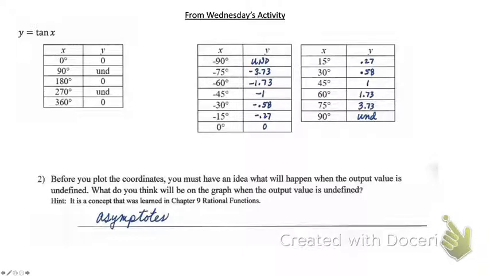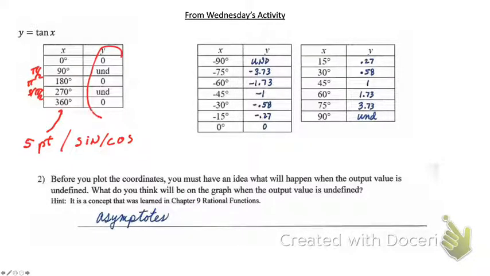Okay. Now, the first thing you did on yesterday's activity was you checked with the tangent graph our 5 points that we used for the sine and cosine graph. 90 is pi over 2, 180 is pi, 270 is 3 pi over 2, and so on.